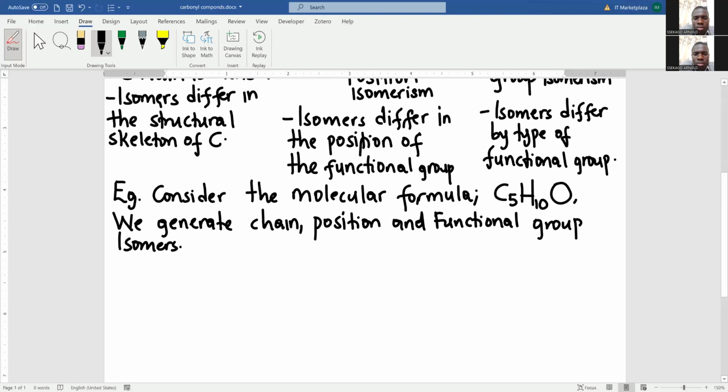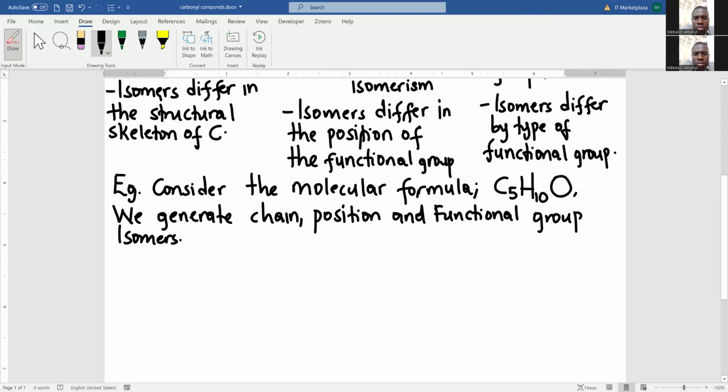So I start with the chain. Chain isomers define the structural skeleton of carbon. You can have one that is branched and another one which is a straight chain.